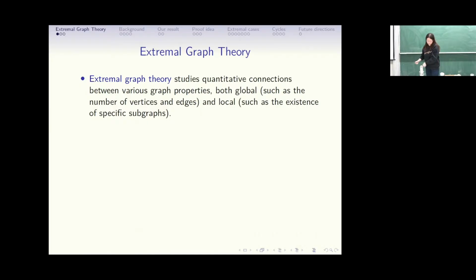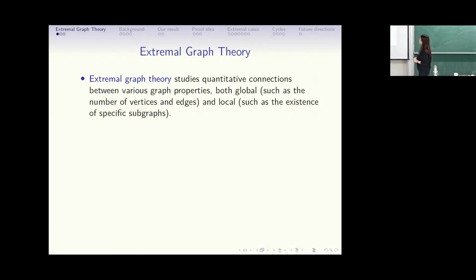So let me start with a little bit about the area of extremal graph theory. Probably it's a little bit too trivial for the audience, so I'm going to go a little bit quick on this part. But if you have any questions or anything needs to be clarified, feel free to interrupt me anytime.